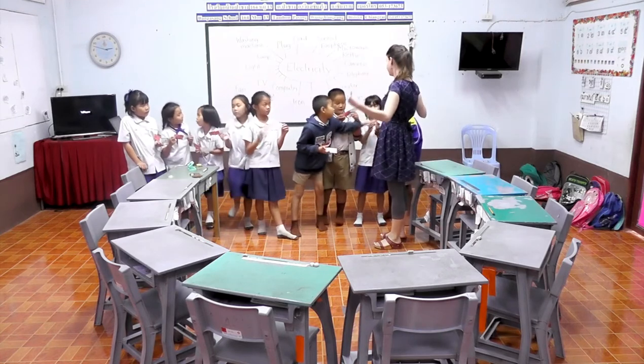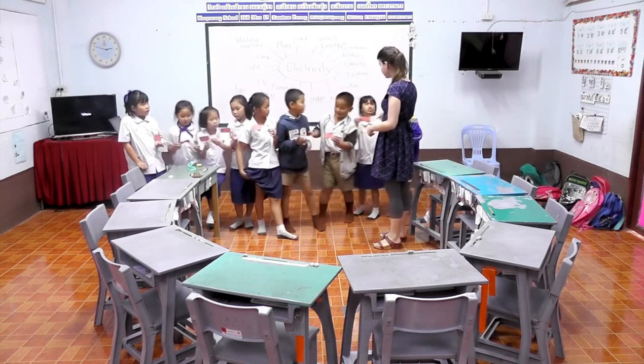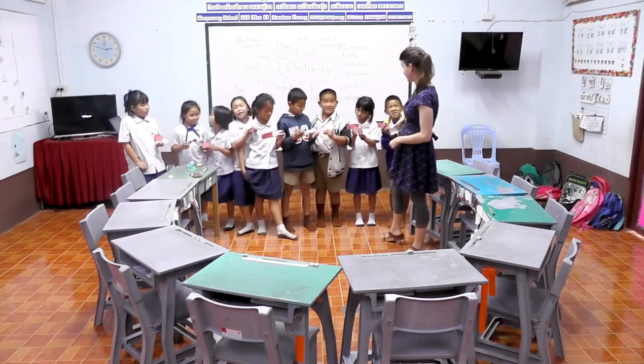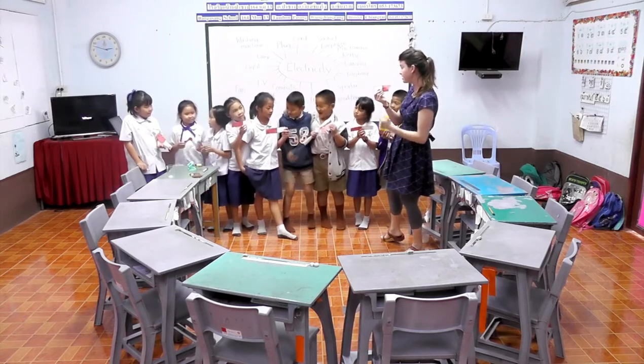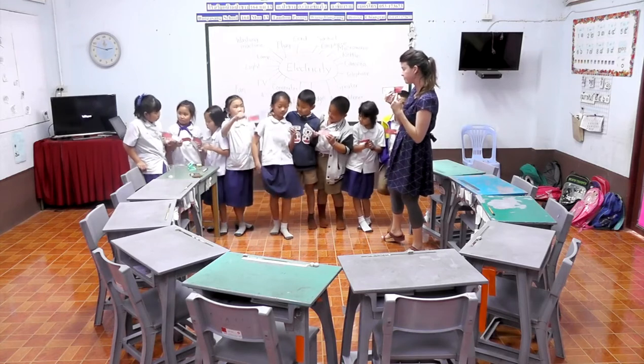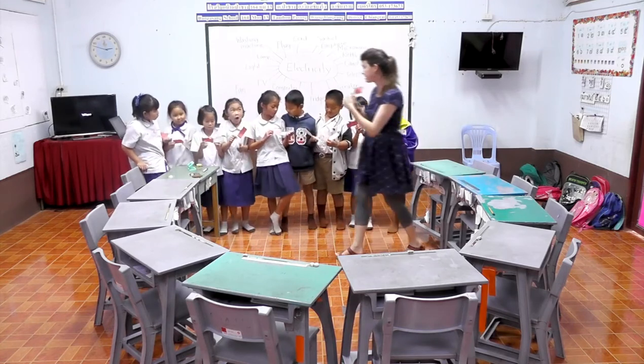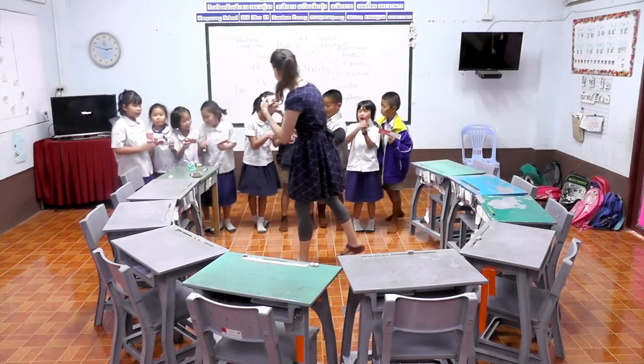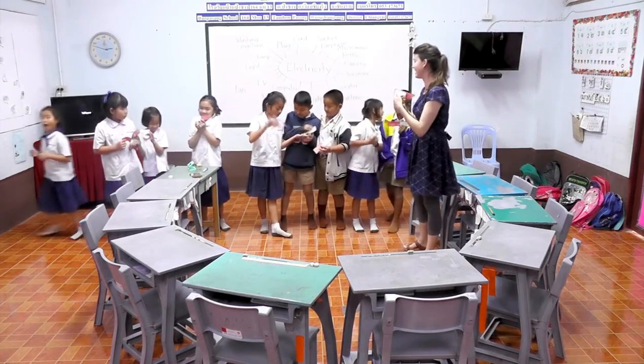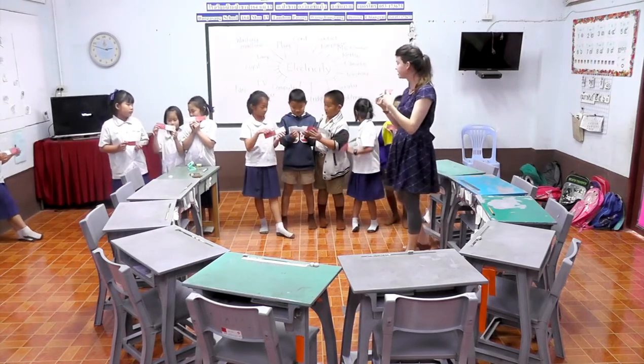Yep, that one attracts. Okay, there you go. If you can show me your magnets, friends. Is everybody attracting? N and S, N and S. We have all N and S. Okay, very nice, friends.